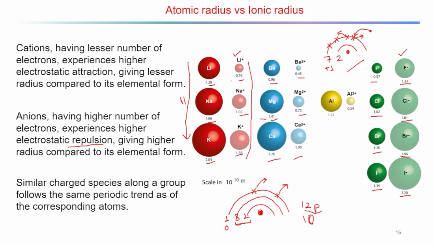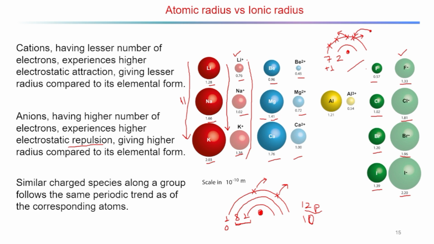Similarly, if we consider lithium plus, sodium plus and potassium plus, we can see here also the size is gradually increasing from lithium to potassium. And that is the thing, ionic species with the same charge will every time follow the same periodic trend as the elemental forms.